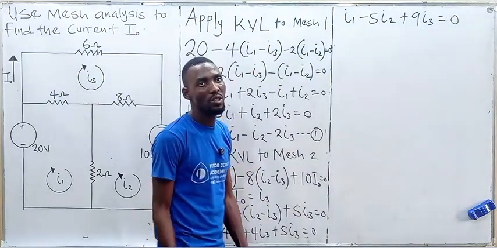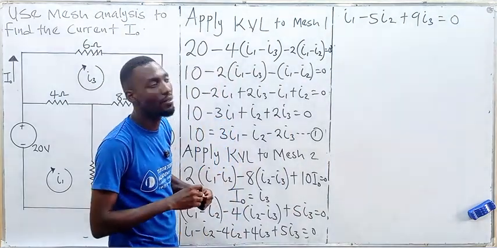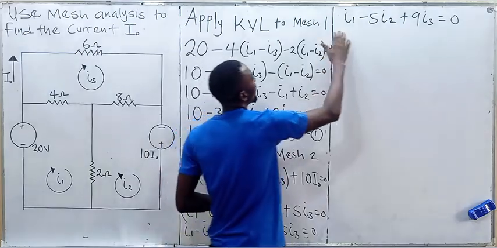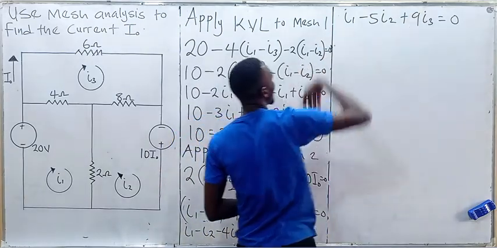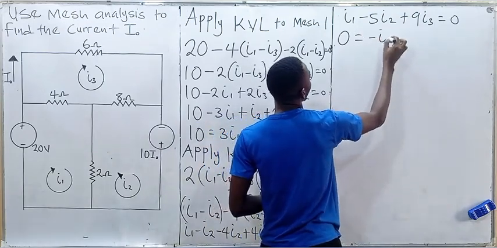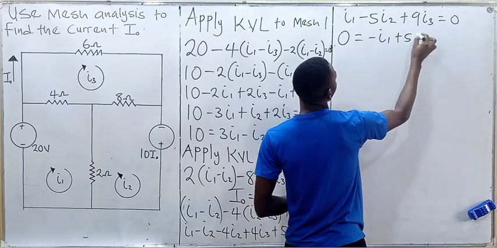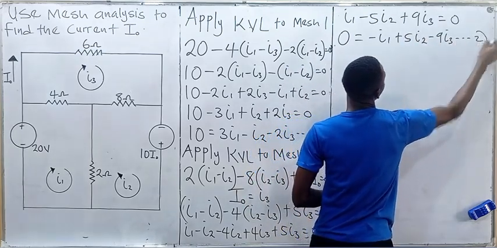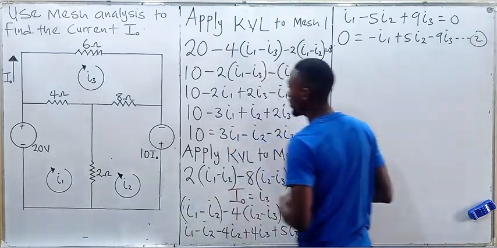So that is what we are going to have. Now we can move everything that we have here to this other side and move the 0 back here. So we are going to have 0 equals minus I1 plus 5I2 minus 9I3, equation number 2.